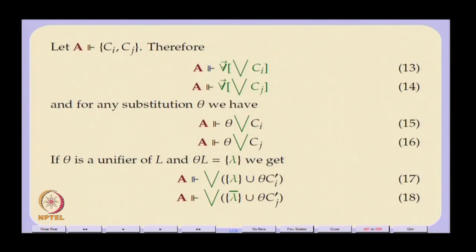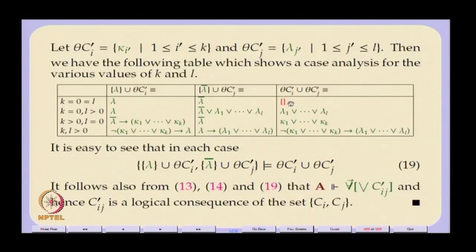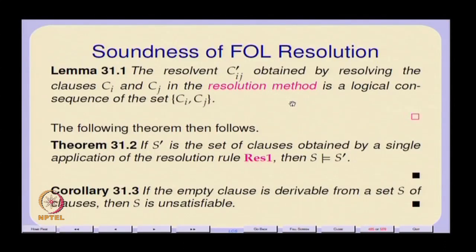You can start with a model A, reinterpret sets of clauses in terms of the propositional connectives and the fact that they are implicitly universally closed, and you can do a case analysis and you will get this. So that was one thing. If S prime is the set of clauses obtained by a single application of the resolution rule res1, then of course S prime is a logical consequence of S. So that follows from this lemma.